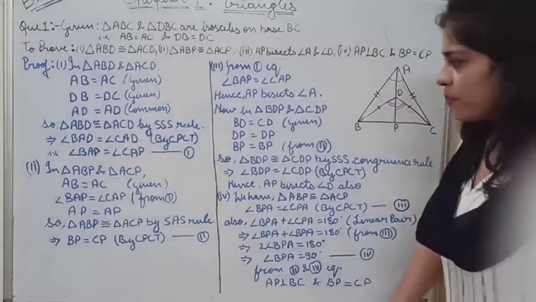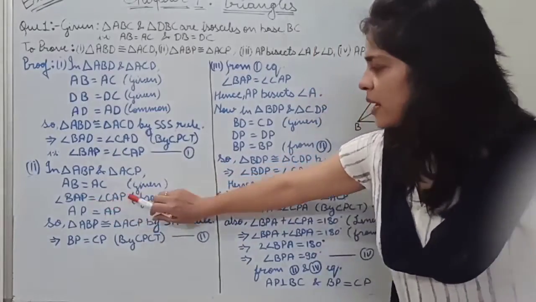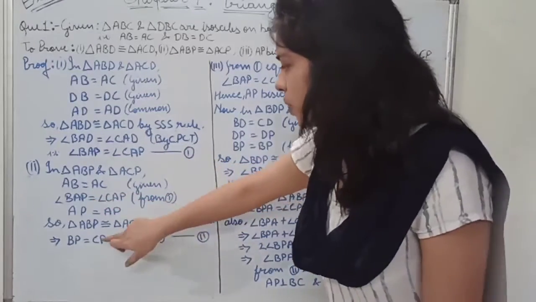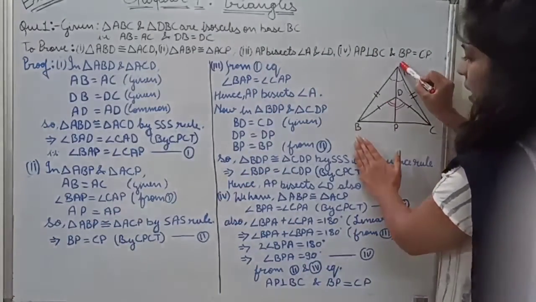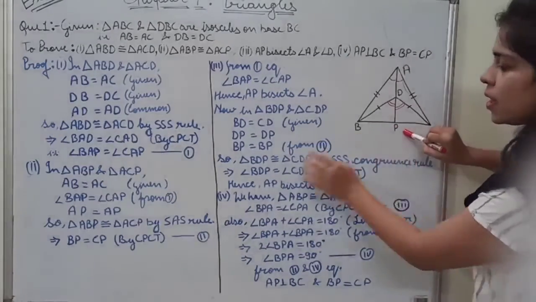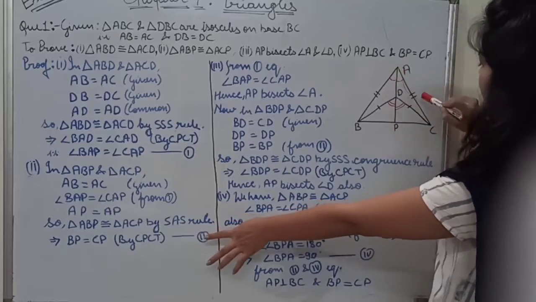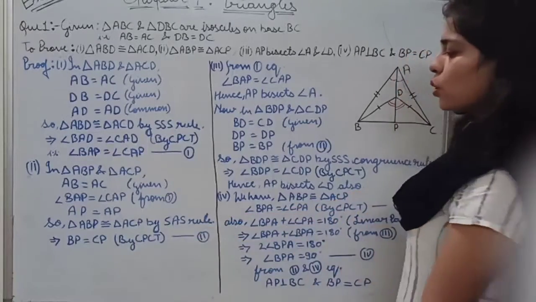AP is equals to AP. So AB was equals to AC, this is given. BAP equals to CAP. BAP is this angle, CAP is this angle. From the first equation they are equal, and AP is the common side. So triangle ABP is congruent to triangle ACP by side angle side congruence rule.